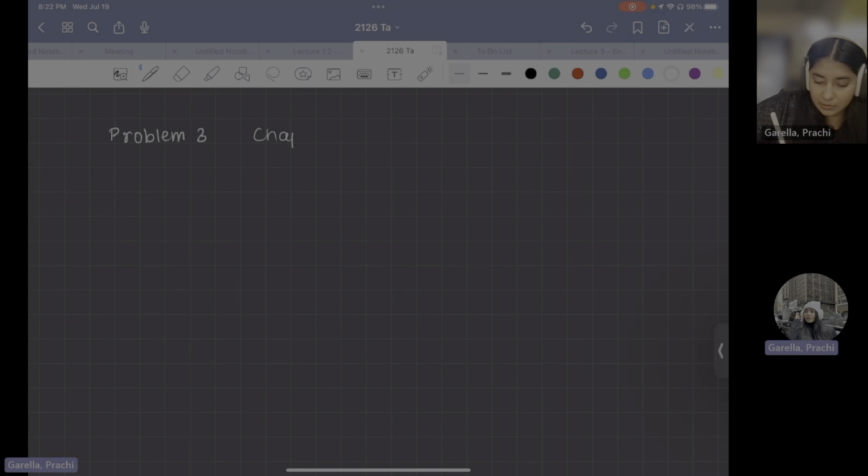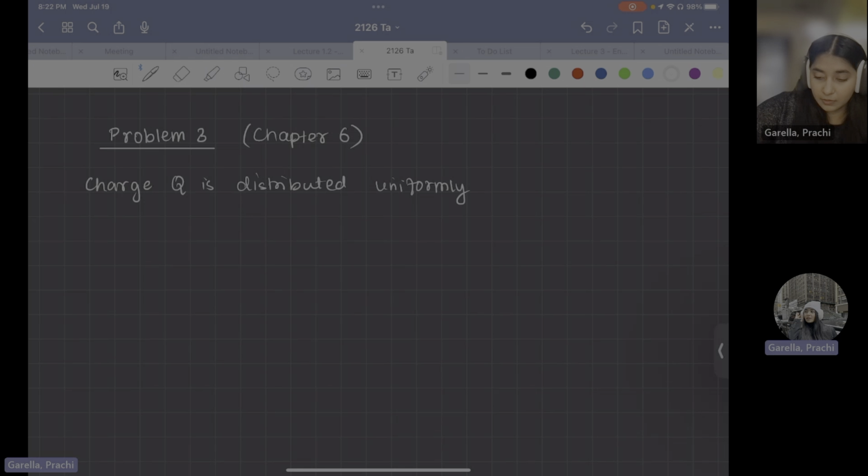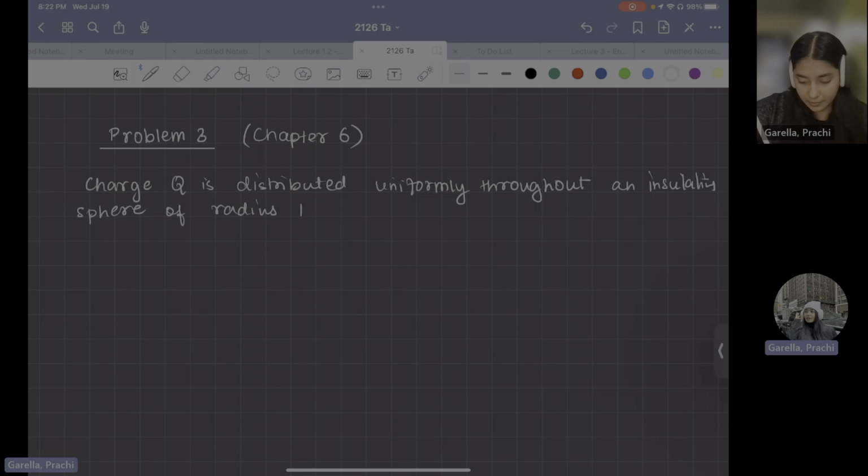Problem 3 is from chapter 6. Okay, so problem 3 says: charge Q is distributed uniformly throughout an insulating sphere of radius r.